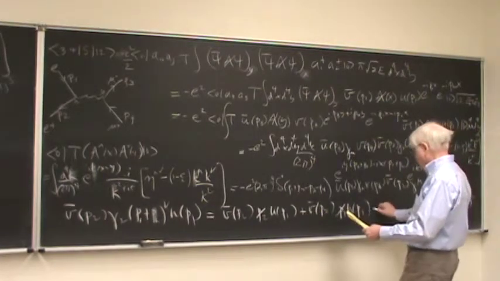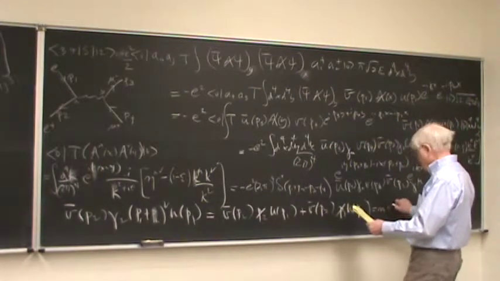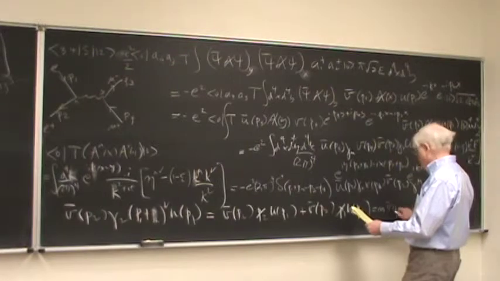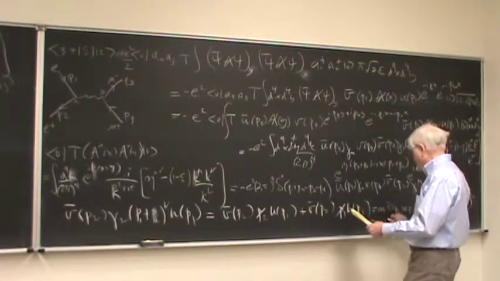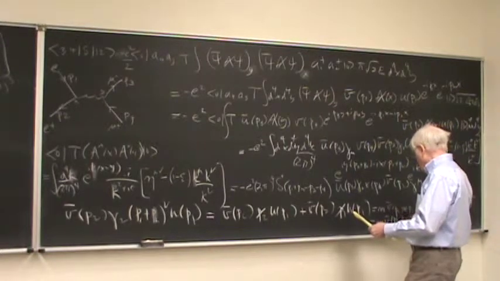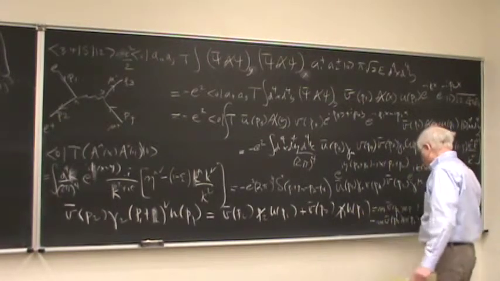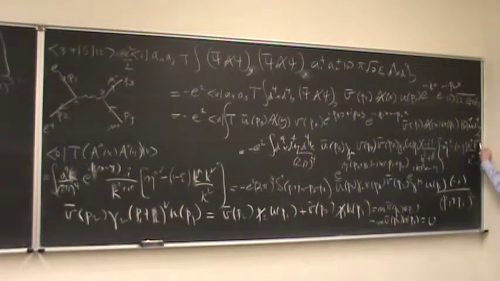And so this turns out to be m v bar of p2 u of p1 minus m v bar of p2 u of p1, and so that's 0. So in other words, these extra gauge fixing terms don't contribute, and they shouldn't, because otherwise you'd have a cross-section dependent upon some arbitrary parameter c, and you certainly don't want that. And it's nice to see them go away.